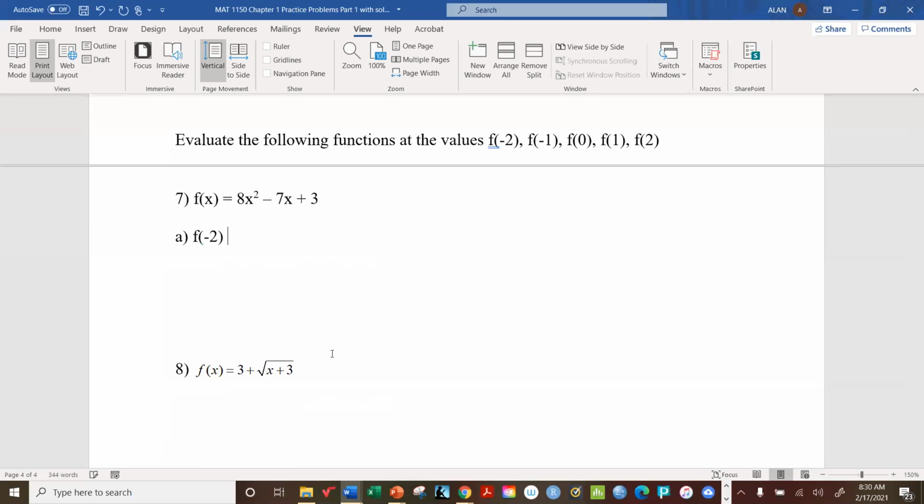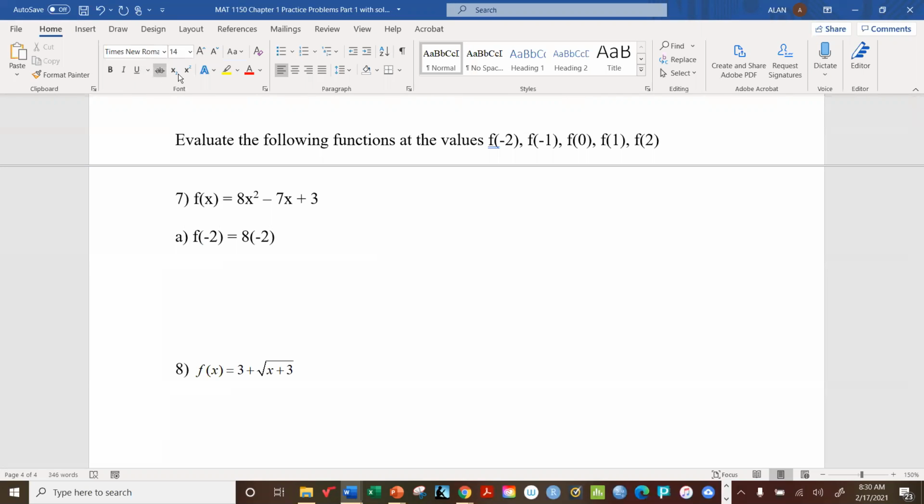F of -2 equals 8 times -2 squared minus 7 times -2 plus 3, which is 8 times 4 plus 14 plus 3 is 32 plus 14 plus 3.